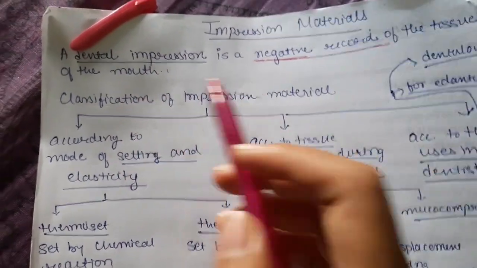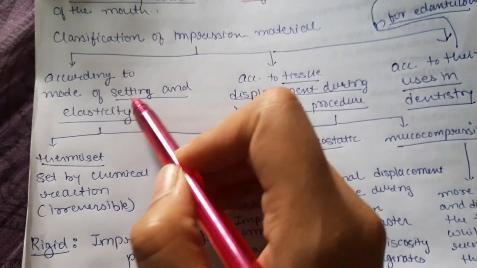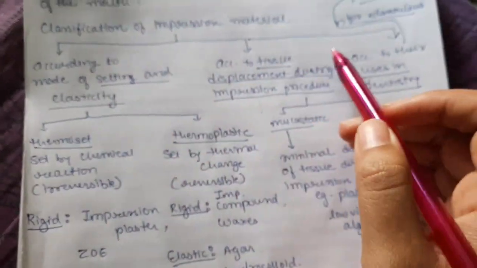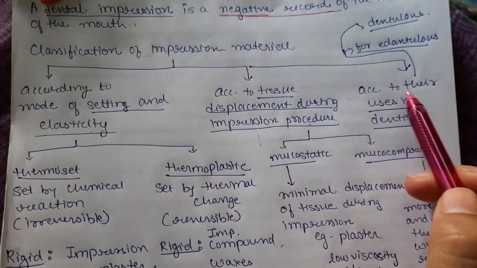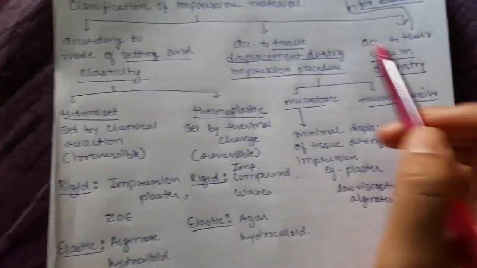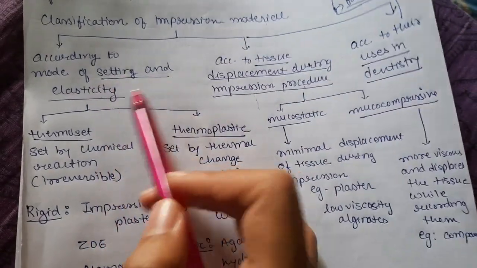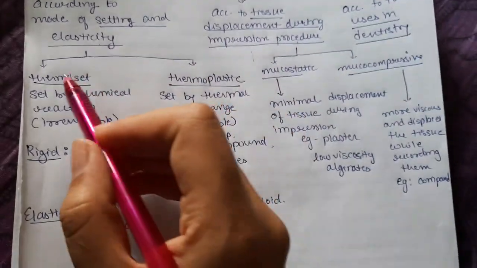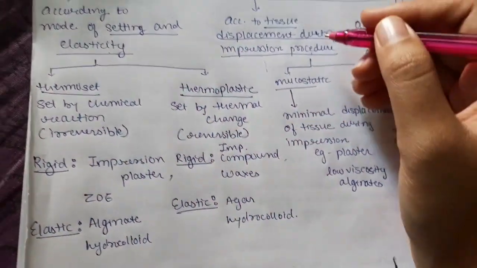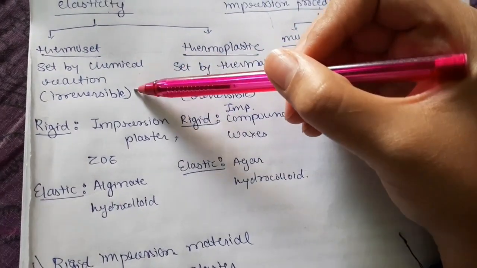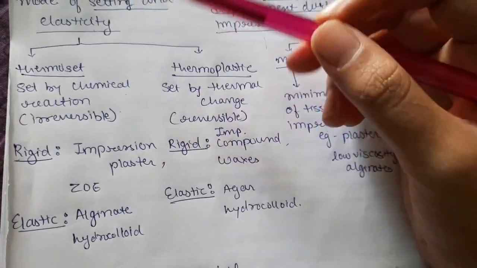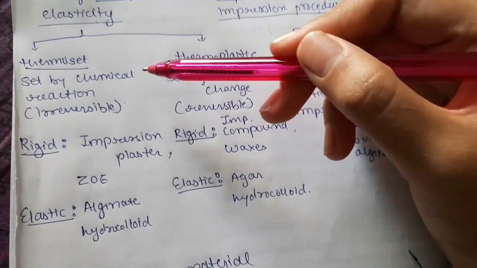Classification of the impression material: according to the mode of setting and elasticity, according to the displacement during the impression procedure, and according to the use in dentistry. First, according to the mode of setting and elasticity, it is divided into thermoset and thermoplastic. Thermoset are those materials which are set by chemical reaction and are irreversible, meaning they cannot regain their shape again once formed.